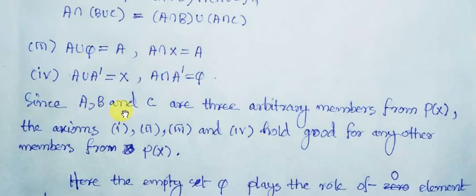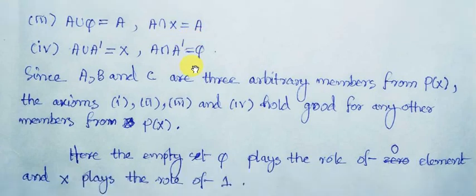And since A, B, C are three arbitrary members considered from this power set P of X, P of X will form a Boolean algebra with respect to these two binary operations, union and intersection, and the one unary operation, this complementation of set.